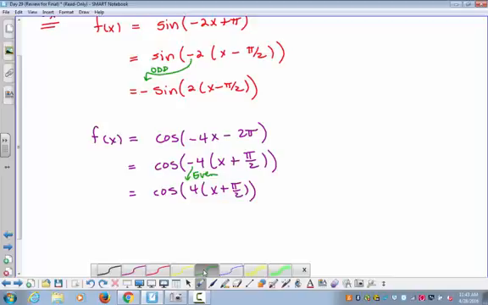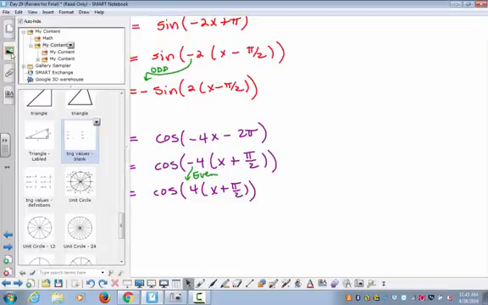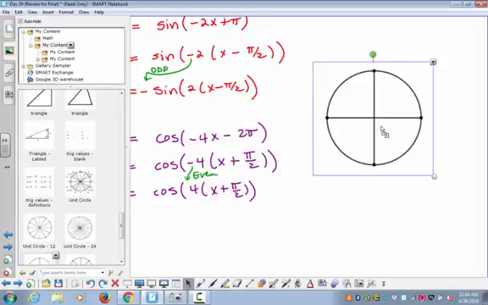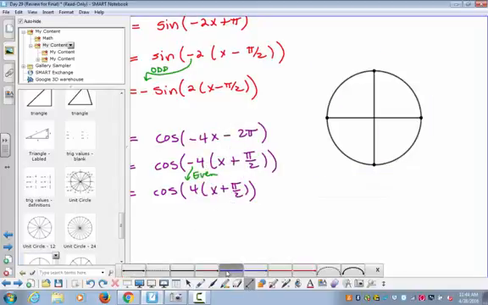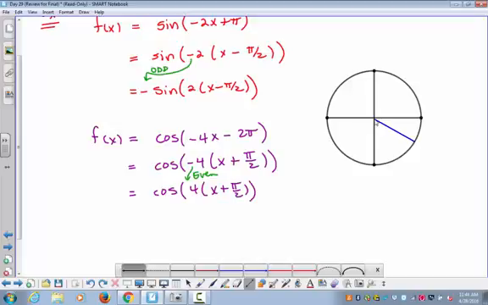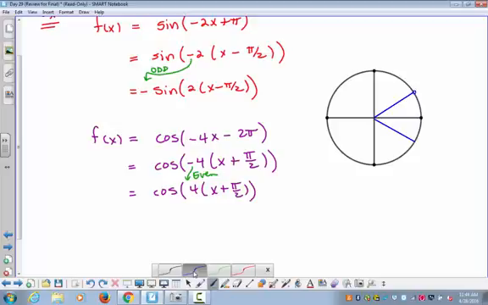Recall that our basic principle for odd-even for trig functions is really convenient and easy to remember. If you think about the unit circle, if this is theta over here, this positive angle, then the coordinates are cosine theta, sine theta.